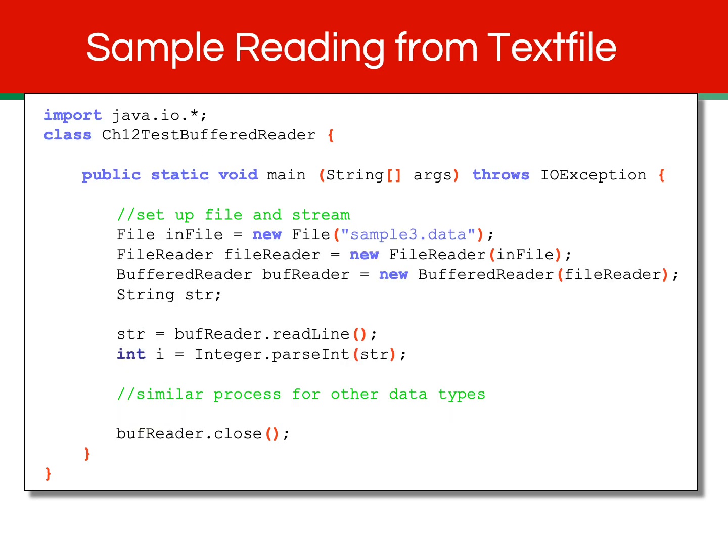To read from the text file, we have FileReader equal to new FileReader infile. And then we have the BufferedReader, so we would write BufferedReader buffReader equal to new BufferedReader FileReader. To read the first line in sample3.data file, we would write buffReader.readLine.